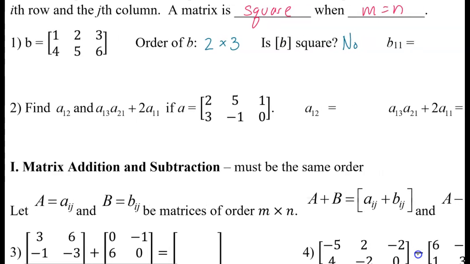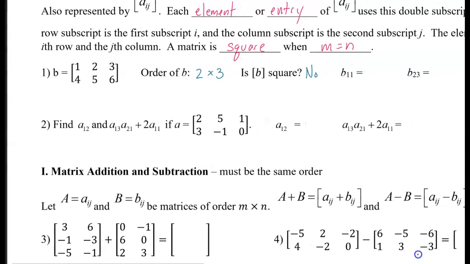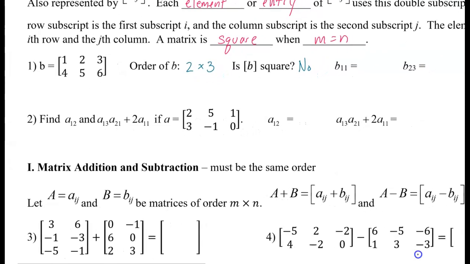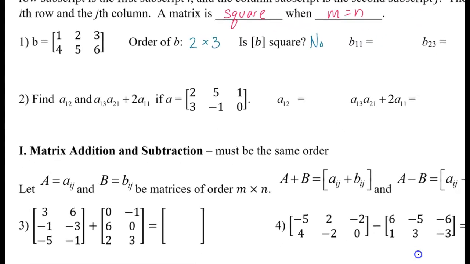So now we're getting into term or entry or element values. So it wants to know, what is the value of B11? Now remember that first number is the row and the second number is the column. So what is the value of B11? Row 1, column 1. Yeah, 1, right here. Row 1, column 1 is 1.